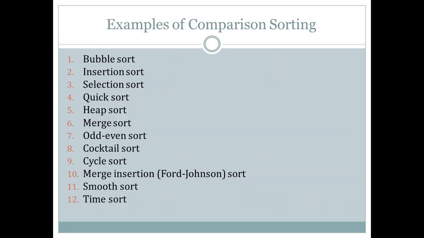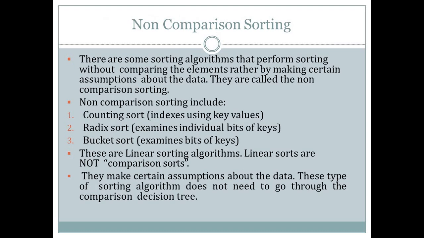We have seen some comparison sorting algorithms like bubble sort, insertion sort, selection sort, quick sort and heap sort, also shell sort, and other names are also written here. So these are the comparison sorting algorithms. Now we are going to learn about non-comparison sorting.